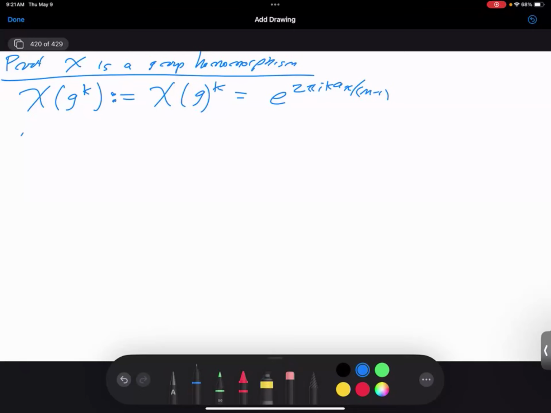And so now if I give you two elements, g to the k and g to the l, does chi of g to the k times g to the l equal chi of g to the k times chi of g to the l?